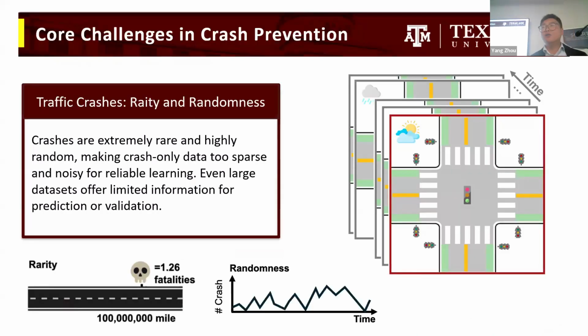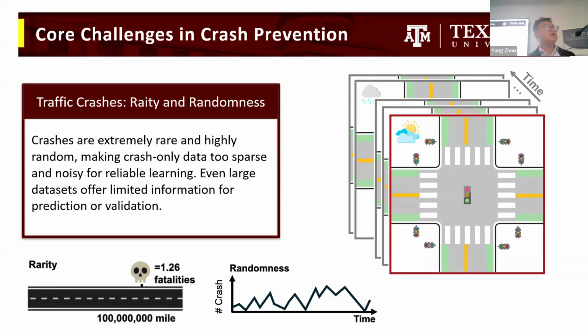So there are actually four critical challenges in crash prevention. The first thing is the rarity and randomness of traffic crashes. As you may know, there's lots of crash data, but still, due to the nature of rarity and randomness, the probability of a traffic crash is around 10 to the power of -9, which means that there's only 1.25 fatalities over 100 million miles.